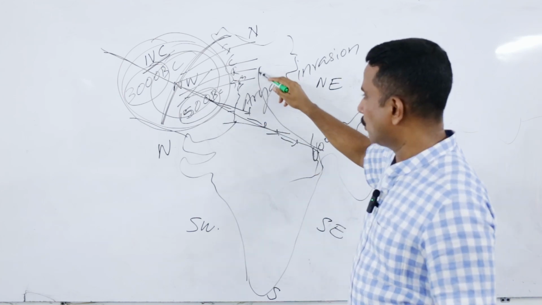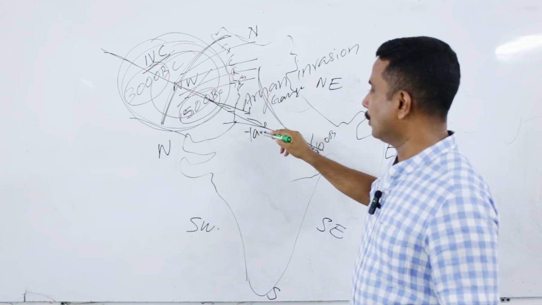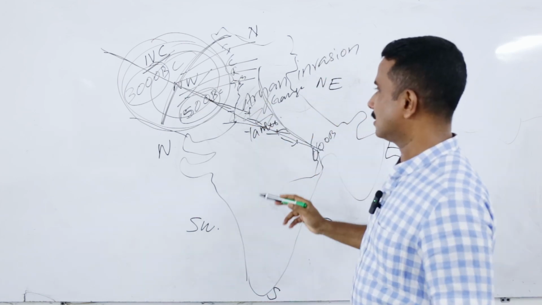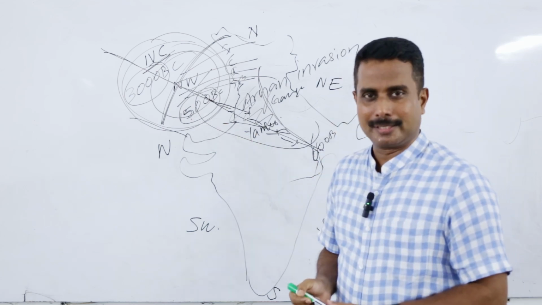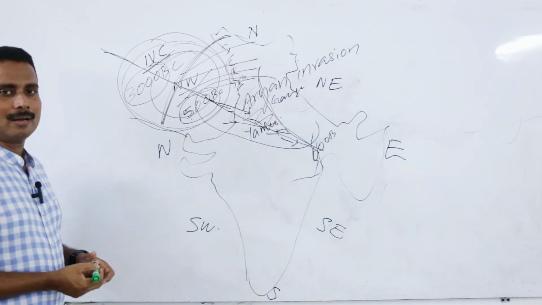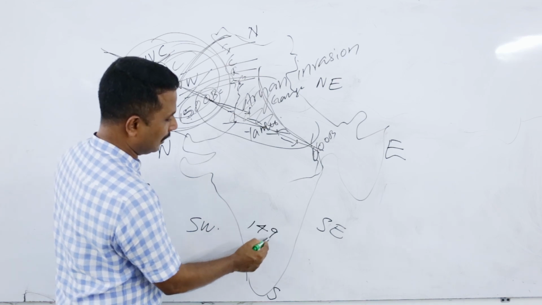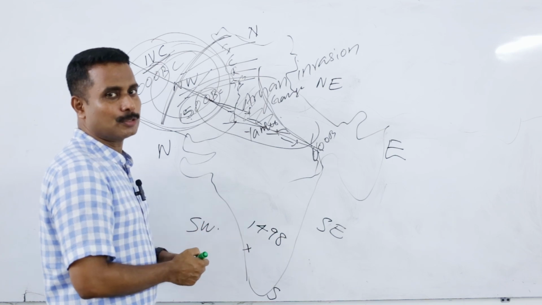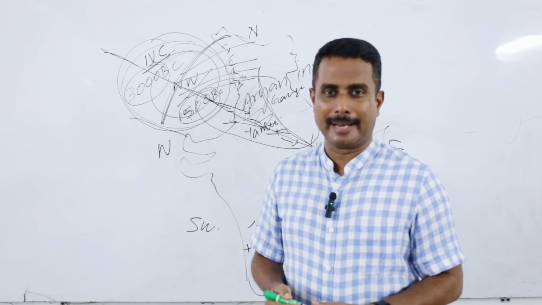There are two more important rivers here: this is the river Ganges or Ganga, and this is the river Yamuna. It is on the banks of these rivers, in this fertile region, that the Aryans settled down from 1500 to 600 BC. Similarly, when we talk about Vasco da Gama reaching India in 1498, a European from Portugal for the first time found a direct sea route from Europe to Asia.